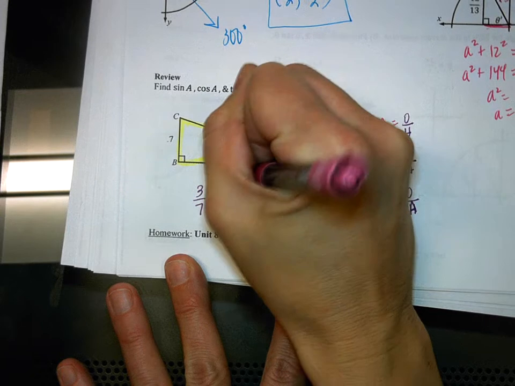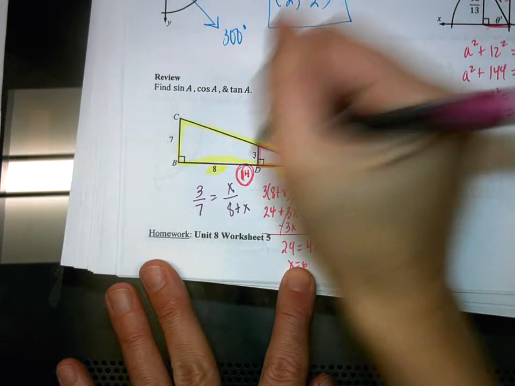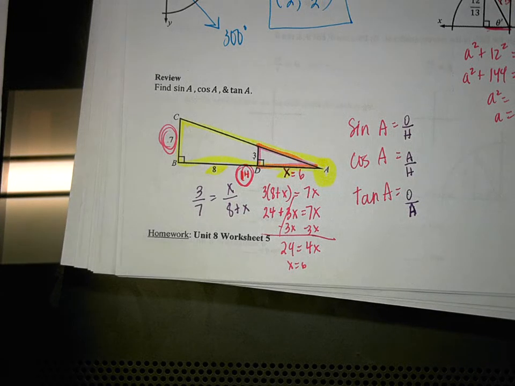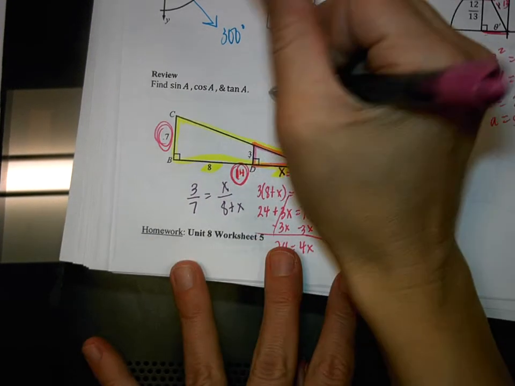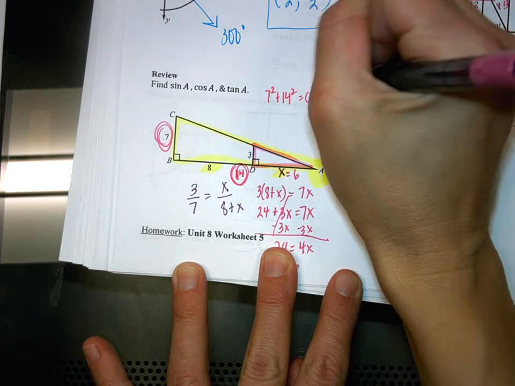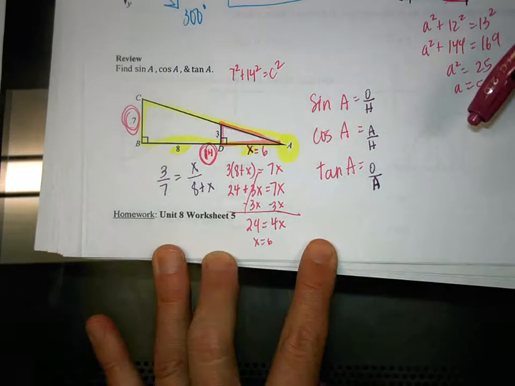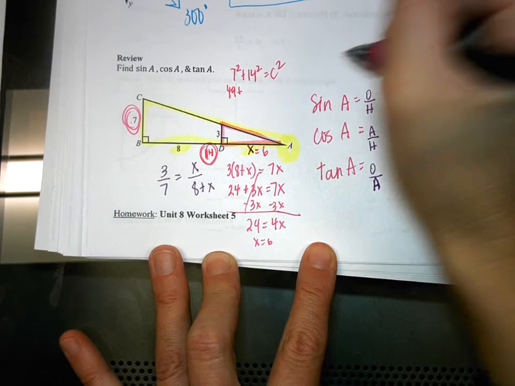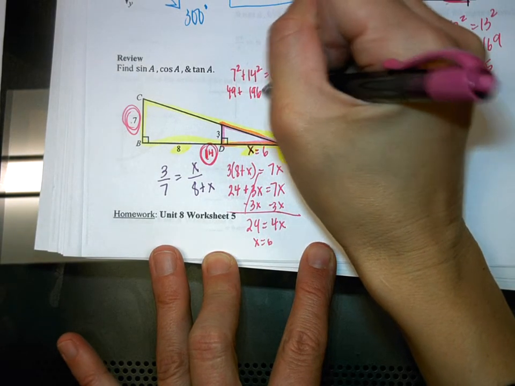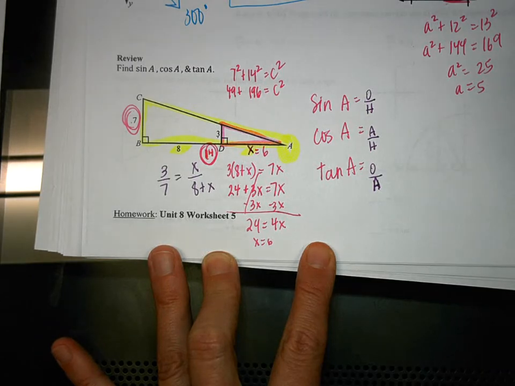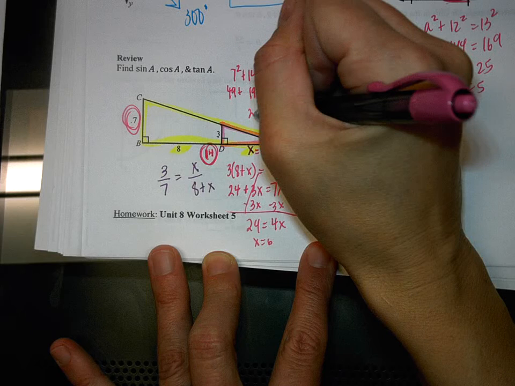This is a 7. And then how could I figure out the hypotenuse? Pythagorean theorem. So we have 7 squared plus 14 squared equals c squared. 7 squared is 49. 14 squared is 196, equals c squared. 49 plus 196 is 245 equals c squared.